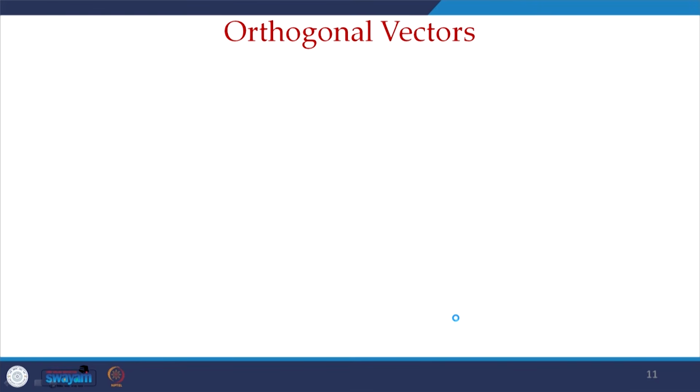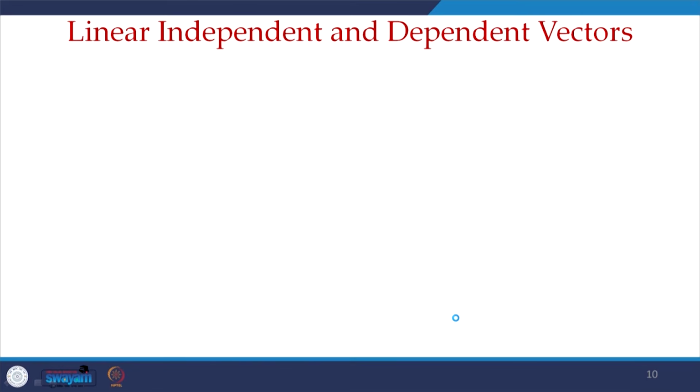Now, come to the next concept, that is orthogonal vectors. Before going to orthogonal vectors, I have some remarks about LI and LD vectors.